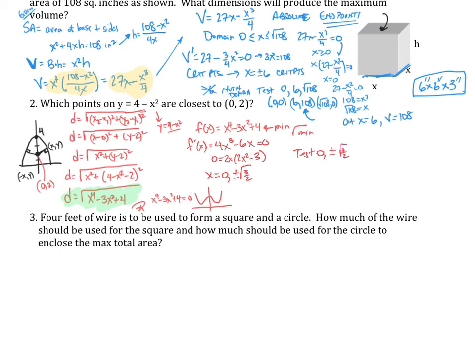And guess what? You get root 3 over 2. 0 won't work, right? Just by looking at it, if x is 0, you get 2. So it's going to end up being at plus or minus root 3 over 2. And then the y value, when I plug it in, I'm going to save you that time, becomes 5 over 2. So all I did was minimize this function right here, okay?